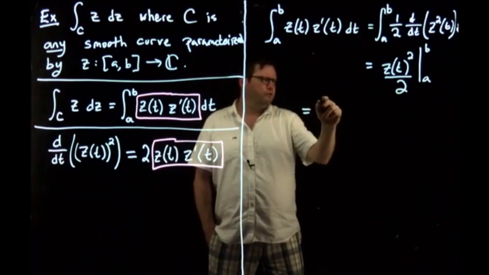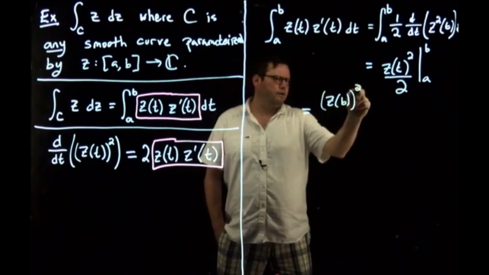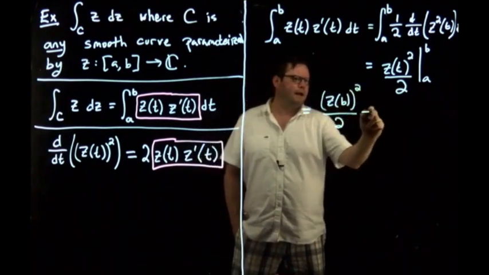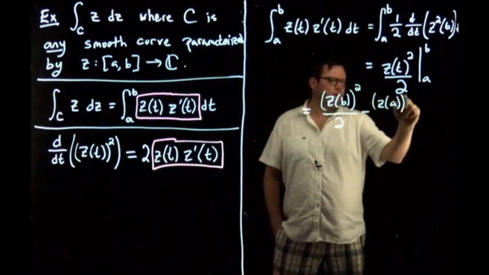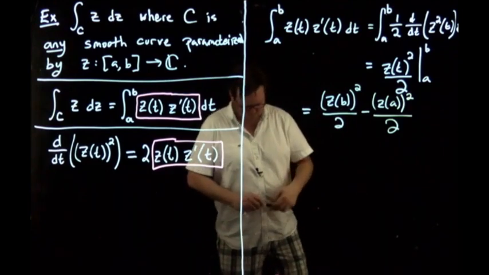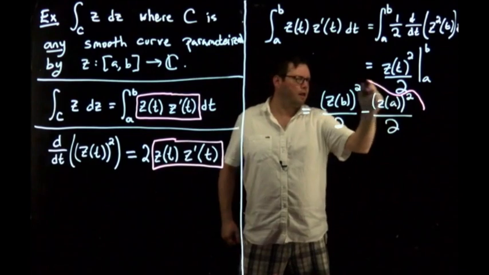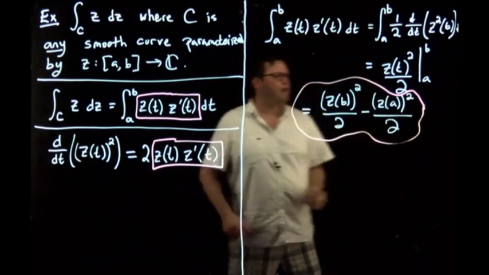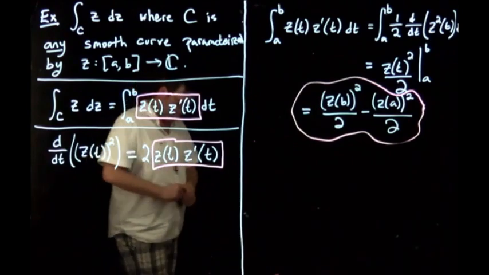So this is z of b squared over 2 minus z of a squared over 2. So it didn't matter at all how z went from a to b.